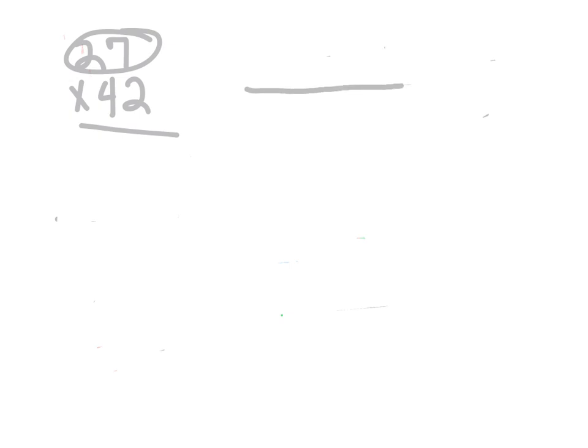Let's go back here and get the pencil. Here we go. 27 times 42. But now let's set it up as an area model. So I have 2 digits here, so I'm going to make enough room across the top for 2 columns.